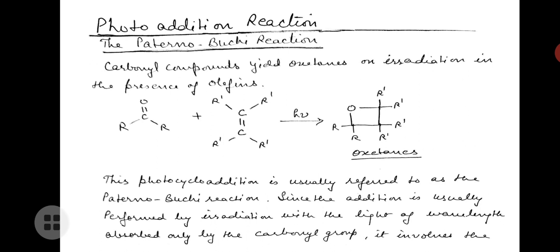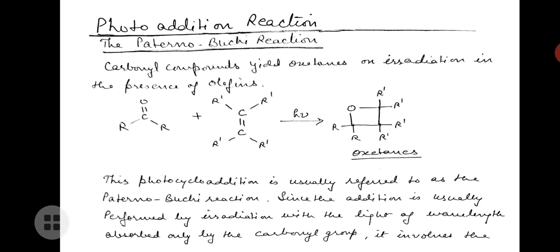Carbonyl compounds yield oxetanes on irradiation in the presence of olefins. So here is the reaction: carbonyl compound plus an olefin in the presence of light yields oxetanes.